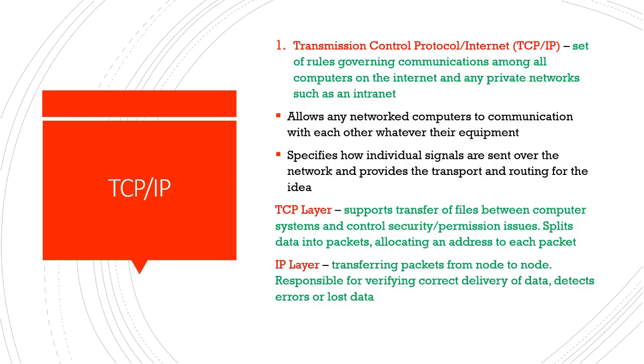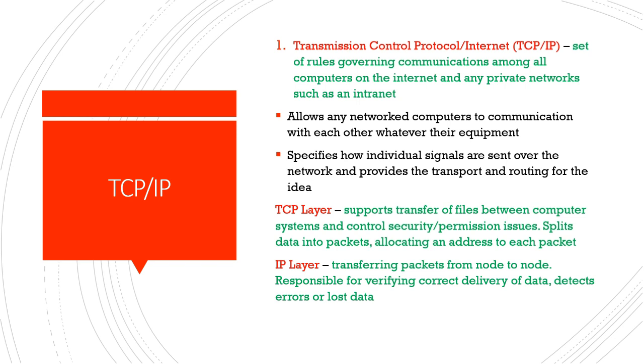The first protocol you need to know is TCP/IP, which stands for Transmission Control Protocol or Internet Protocol. This is a set of rules that govern communications among all computers on the internet and any private networks such as an intranet. It will allow any network computer to communicate with each other, whatever their equipment is. It specifies how an individual signal will be sent over the network and provides the transport and routing.